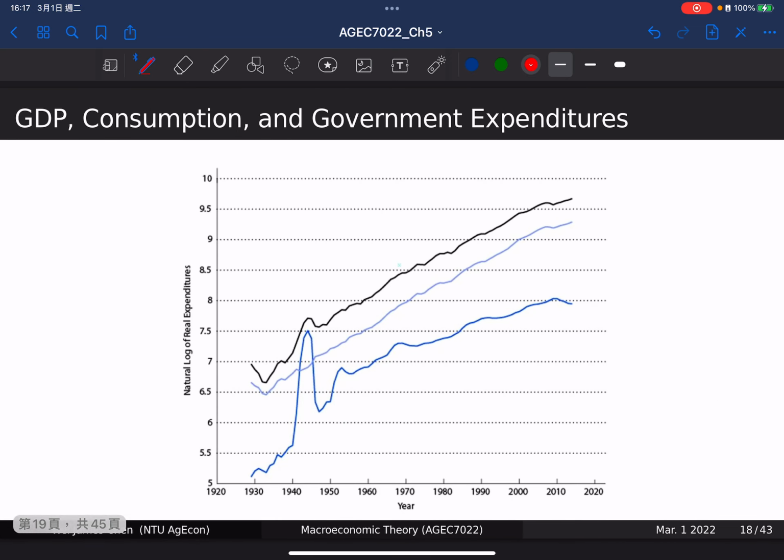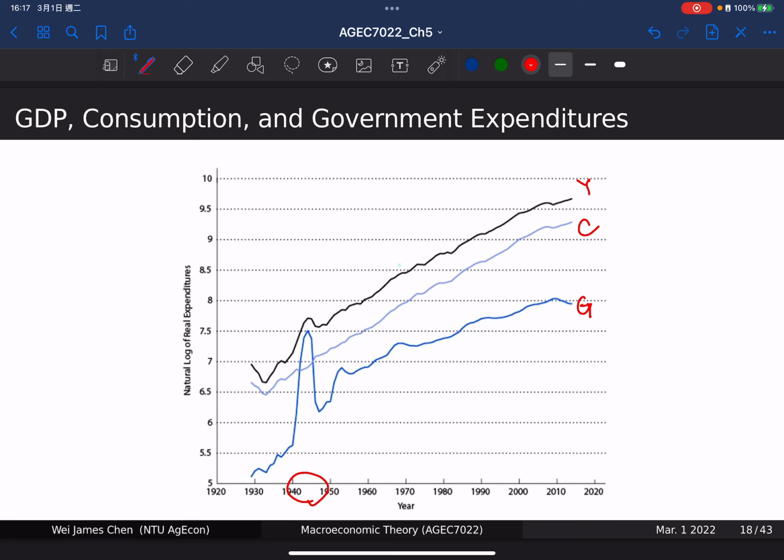And this is the relationship between GDP, consumption and government expenditure. If your high school history is not that bad, you will recall that World War II happens around here, right? So this is G, this is GDP, this is consumption.